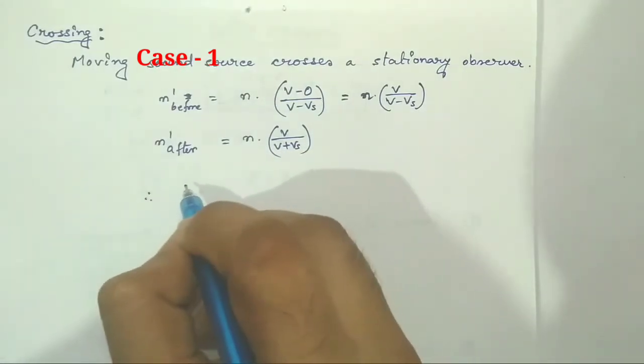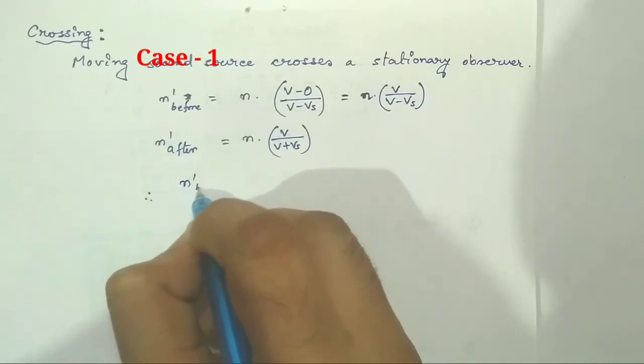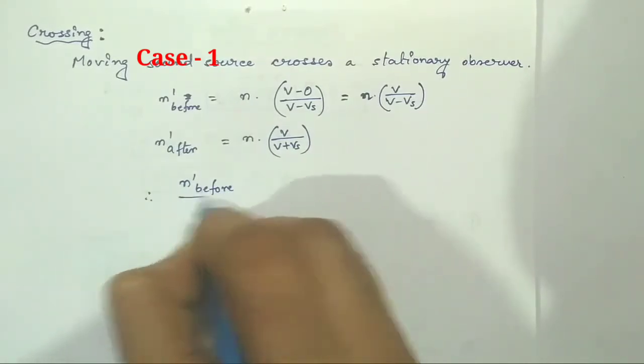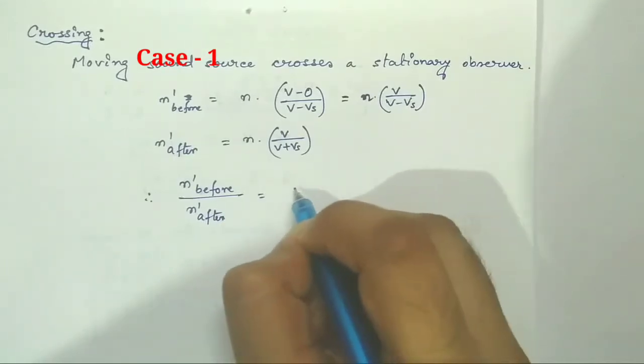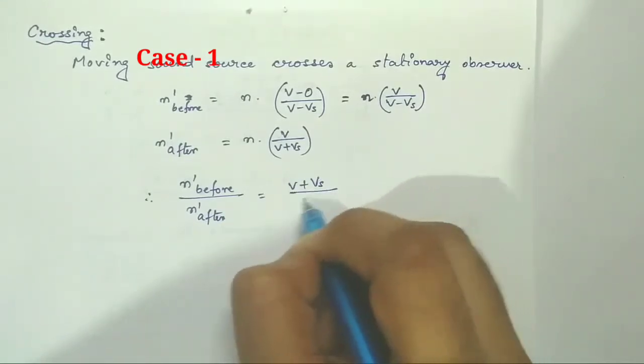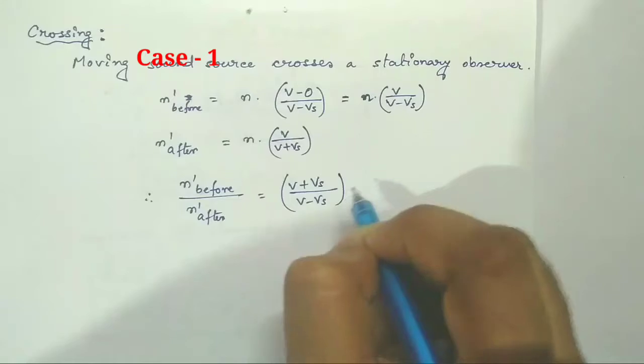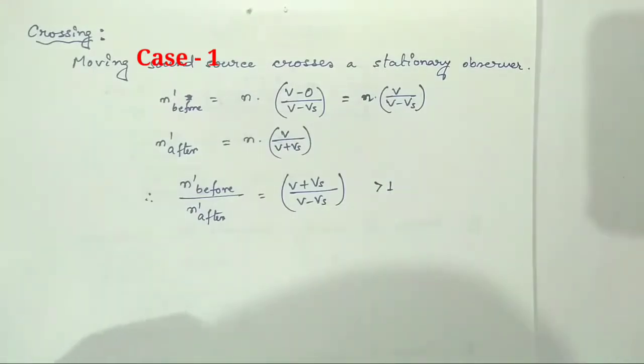So if we calculate the ratio, we get n prime before divided by n prime after, which is given by (V plus Vs) divided by (V minus Vs). This is a positive quantity greater than 1.